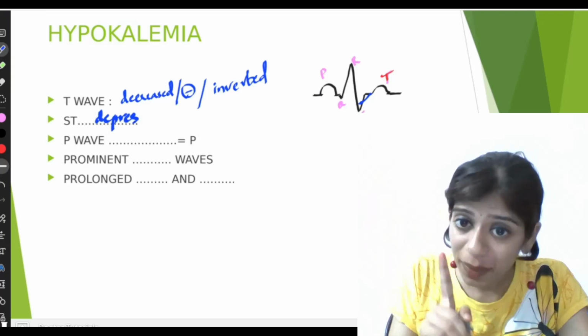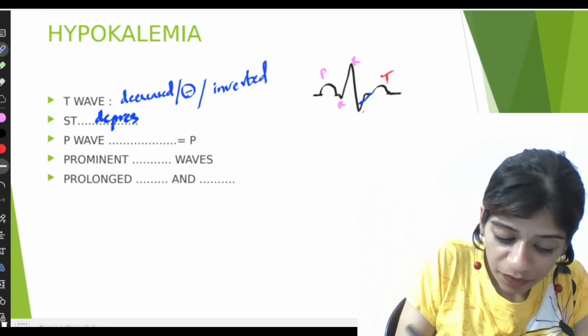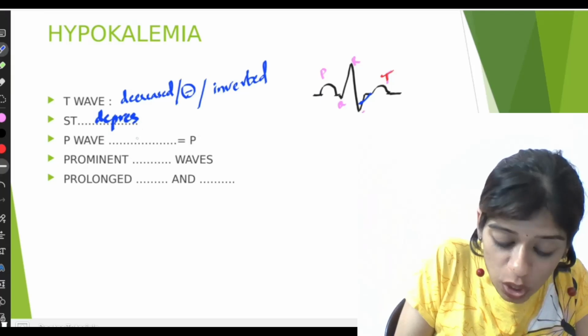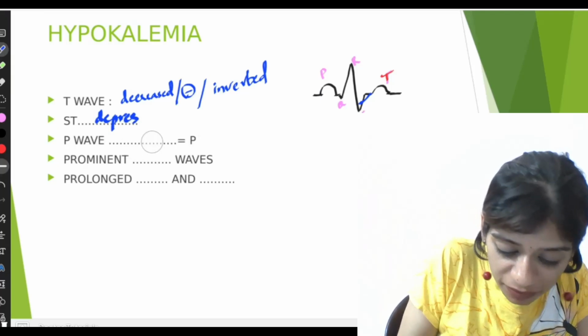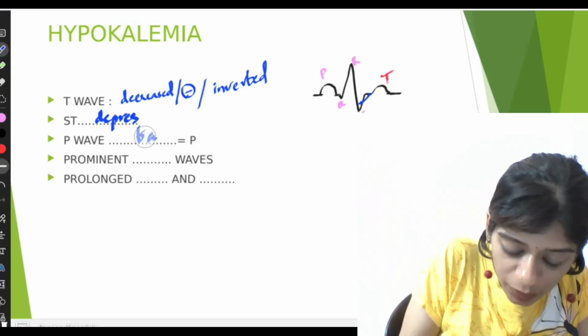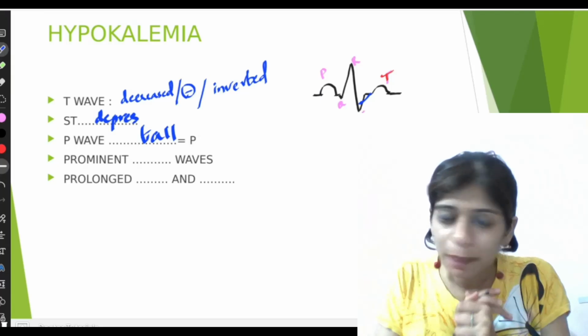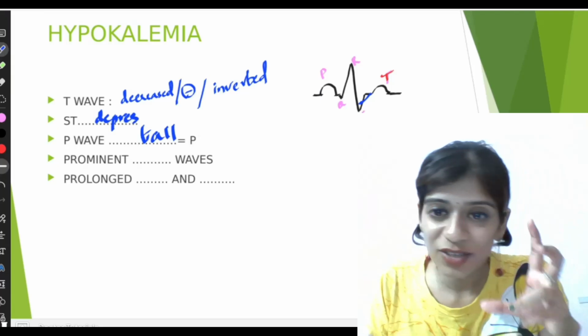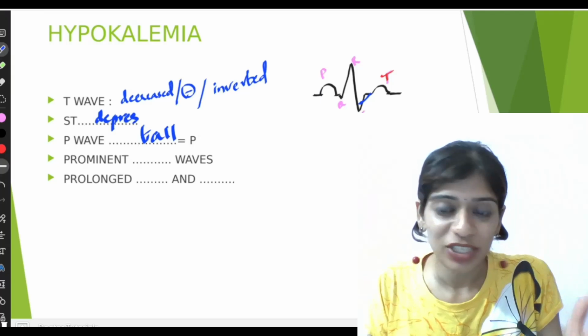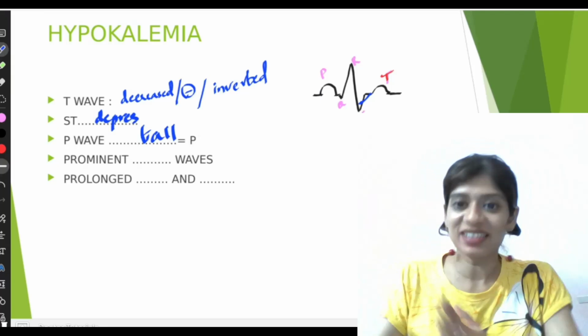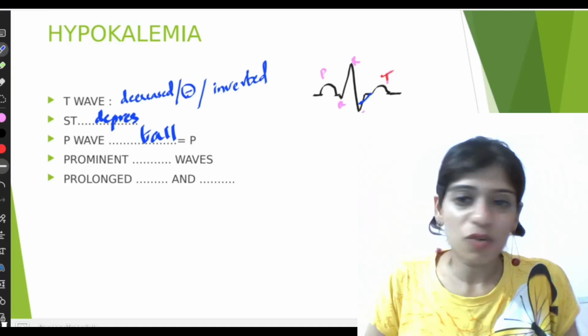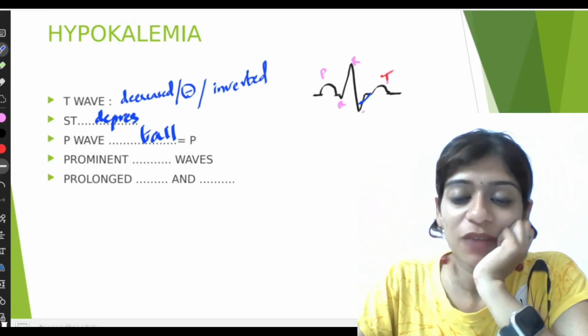What happens to the P wave? In the P wave, what we can see is a tall P wave. My phone charge is too low, it might get disconnected. I hope it stays till the end. Even if it goes, it's okay, I'll continue after I charge it.